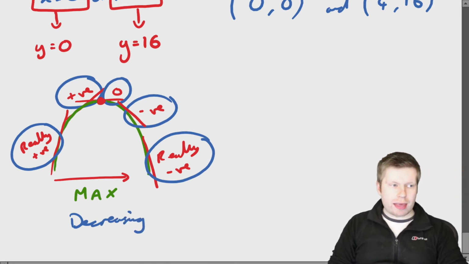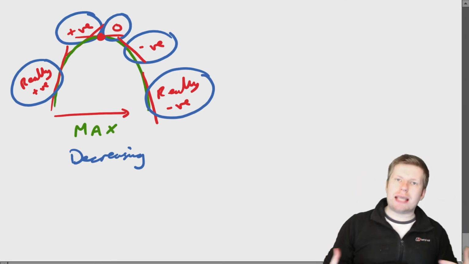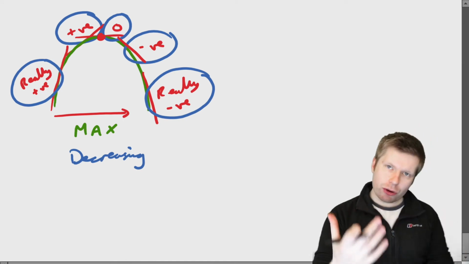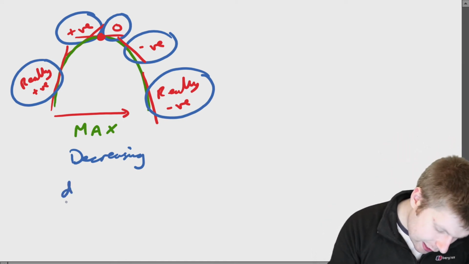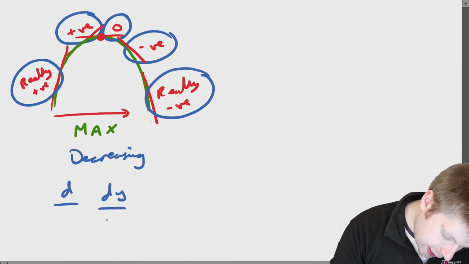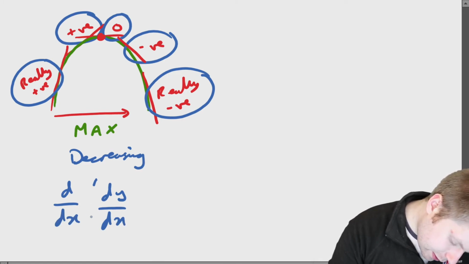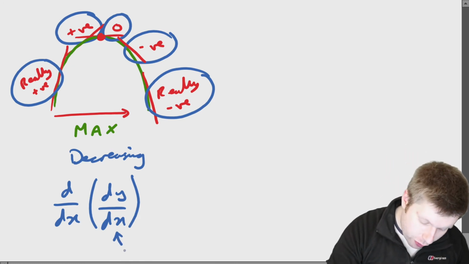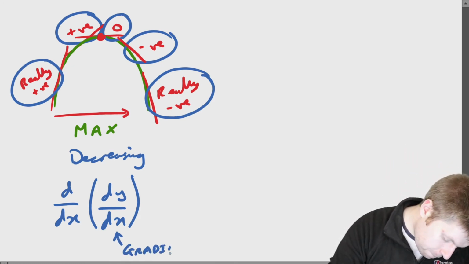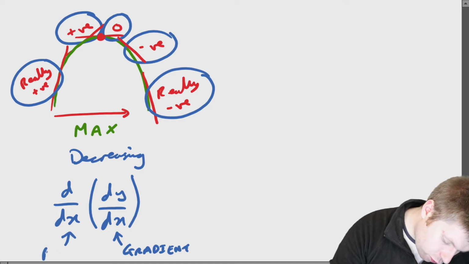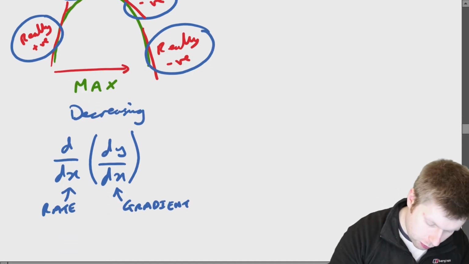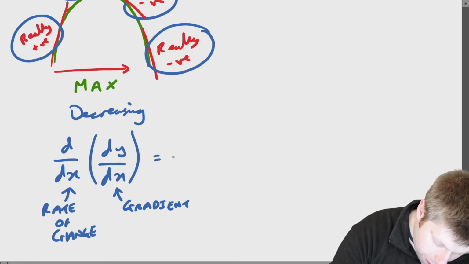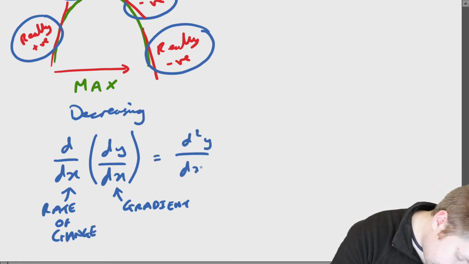The way I'm going to write that is, I know dy by dx, differentiating, tells me how things are changing. So if my gradient, which remember is dy by dx, is decreasing, then the rate of change of my gradient, if I multiply that out, becomes d2y divided by dx squared.